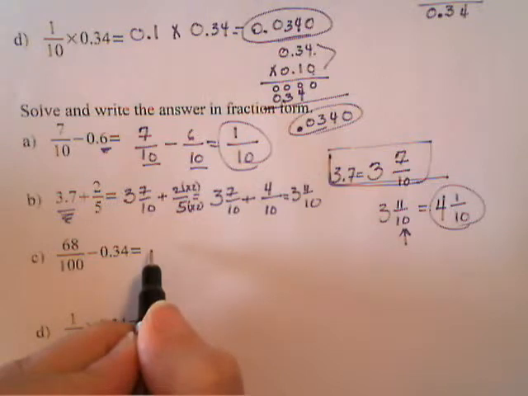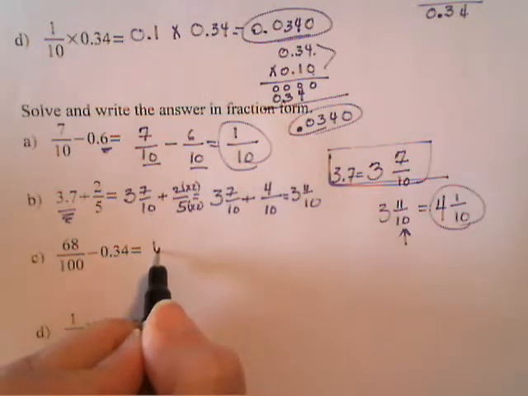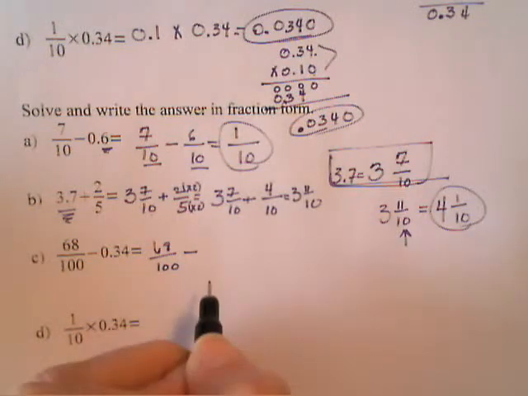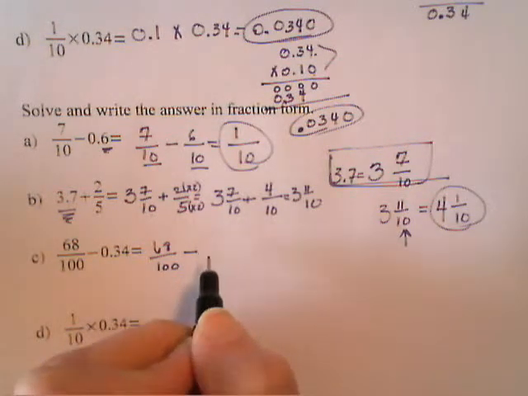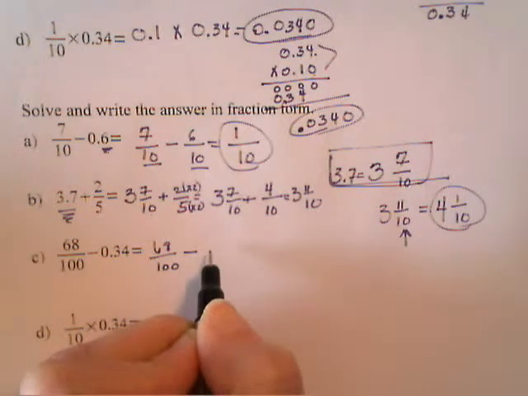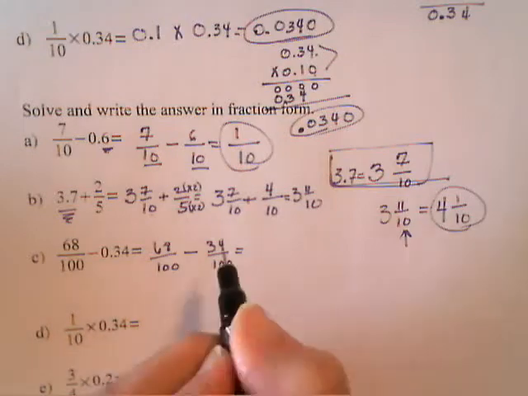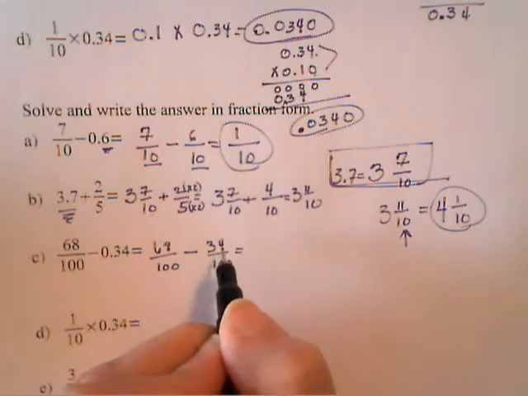Now let's look at C. We have 68/100 minus 34/100. And 68 minus 34, well, we did that up above.